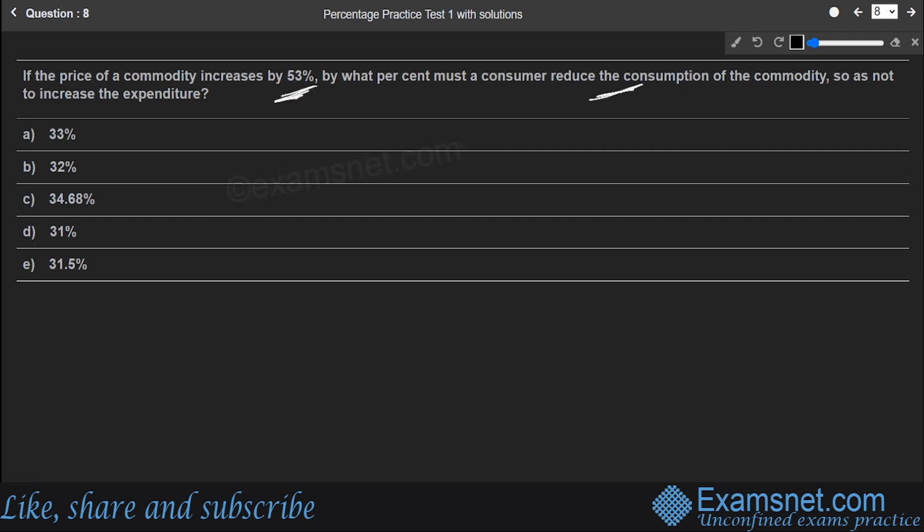So in this situation, we have a direct formula.